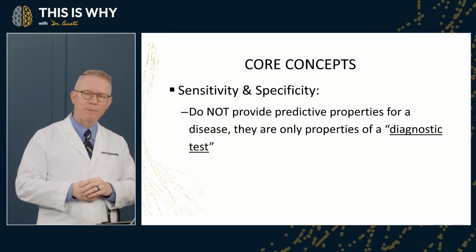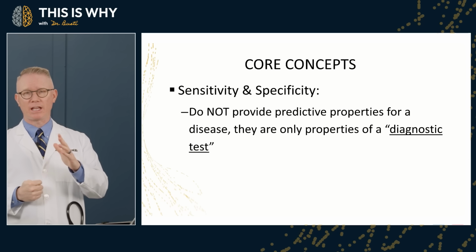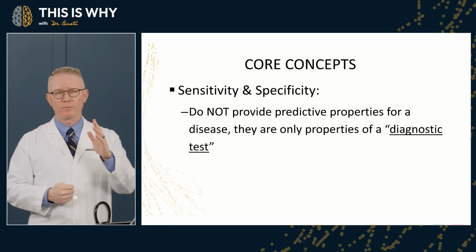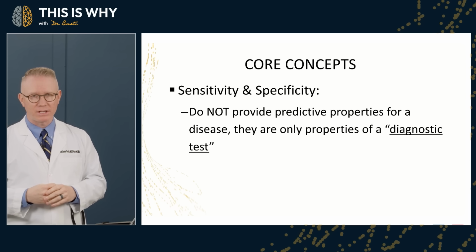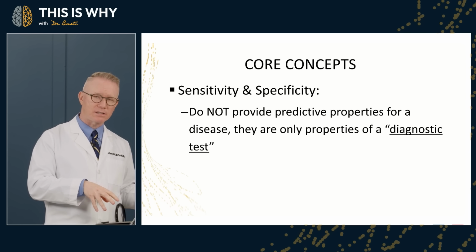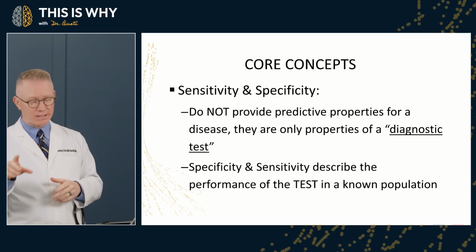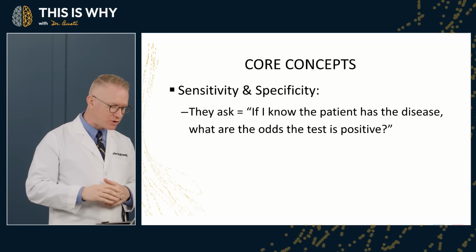Now, other things to keep in mind, right, is that sensitivity and specificity, again, do not provide that predictive property of the disease. They are only properties of the diagnostic test, right? And of that test in the known population.